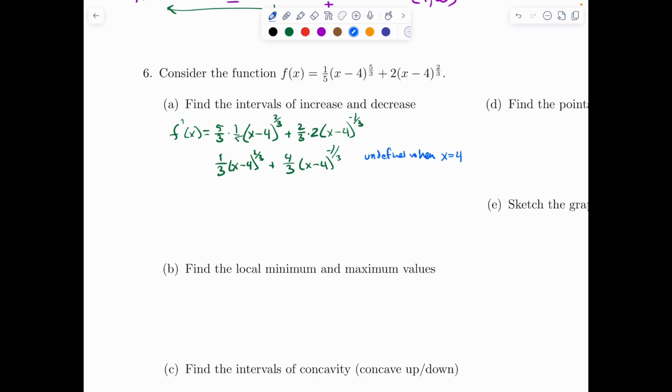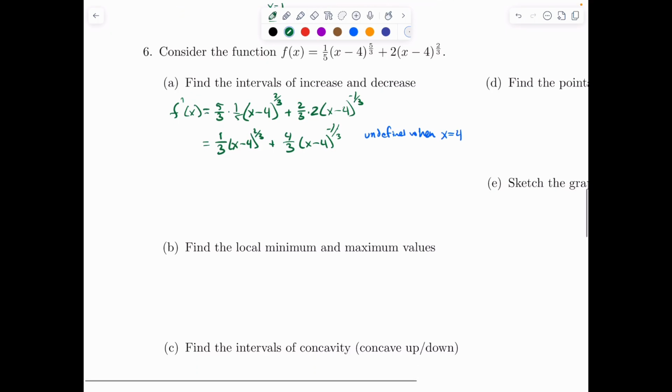The second thing is we want to know where this is equal to 0. And so let's set this equal to 0. 1/3 x minus 4 to the 2/3 plus 4/3 x minus 4 to the -1/3 is equal to 0.